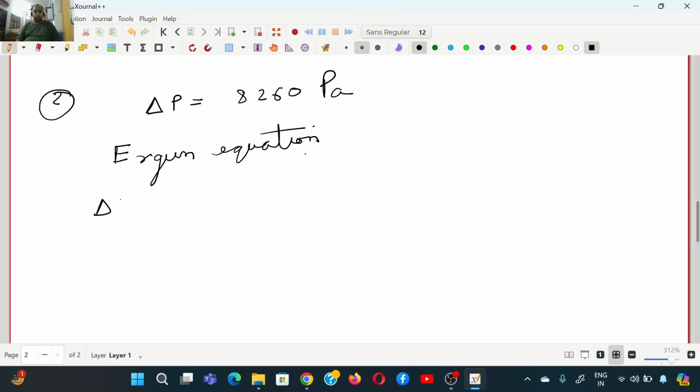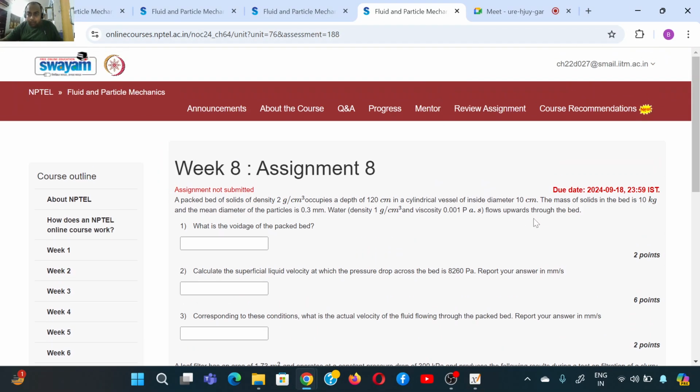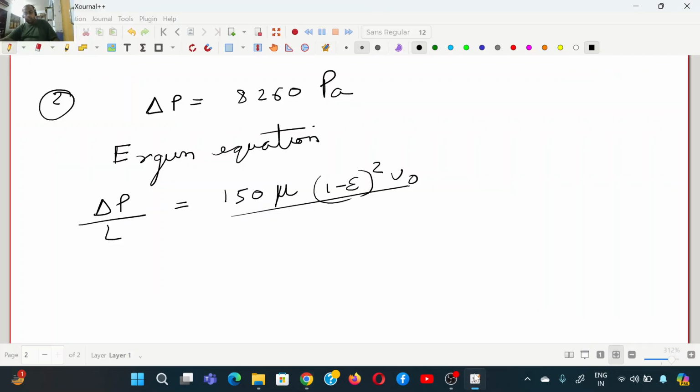So the two terms I'm writing: delta P by L is equal to, and first write the formula. The mean diameter of the particles is given, so that means they are spherical particles.